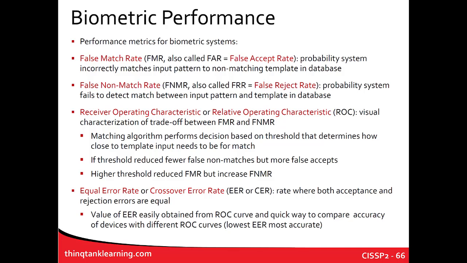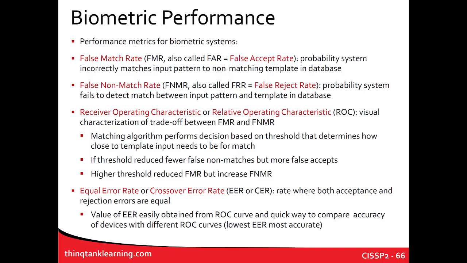False non-match rate, FNMR, also called false reject rate. This measures how often the system fails to recognize a legitimate user. Now, that's a little more annoying, but the most dangerous element is FAR, false accept rate, meaning that you're incorrectly matching inputs to an individual.